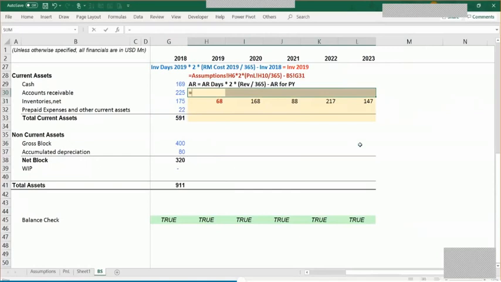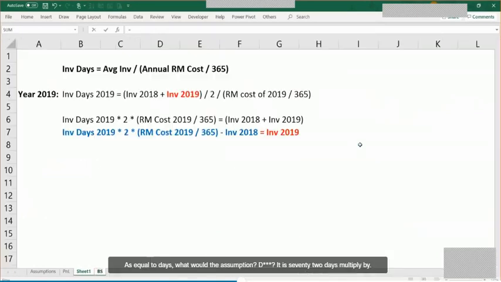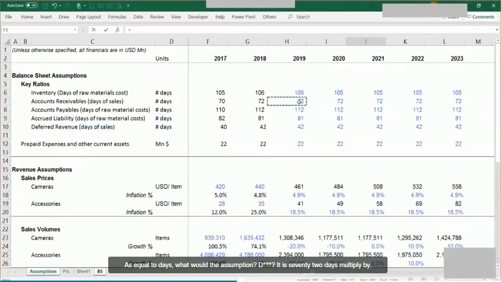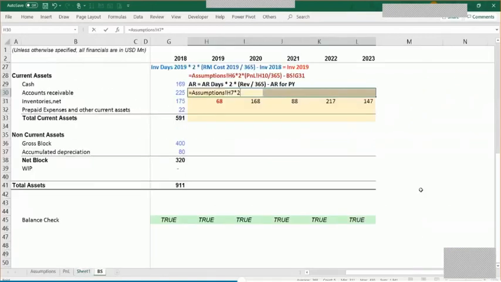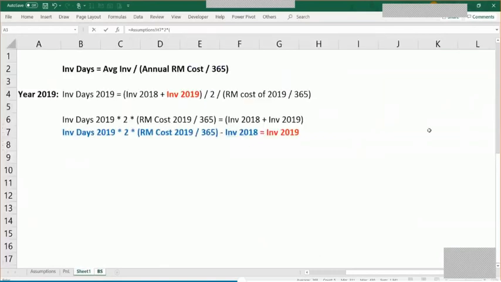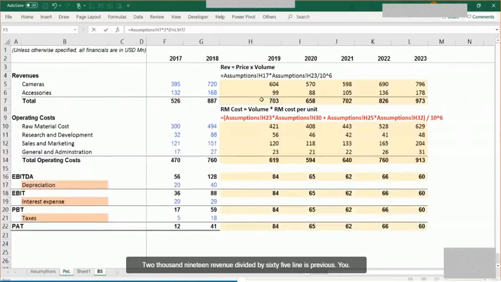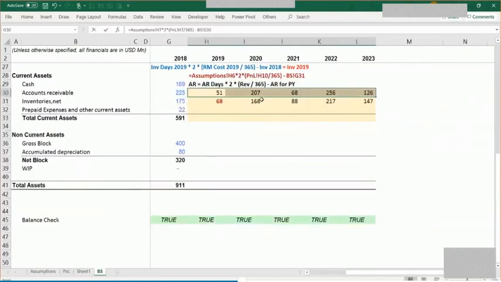as equal to AR days. Go to the assumption tab, which is 72 days, multiplied by 2, multiplied by revenue per day, which is the P&L 2019 revenue divided by 365, minus previous year accounts receivable. It becomes this logic out here.